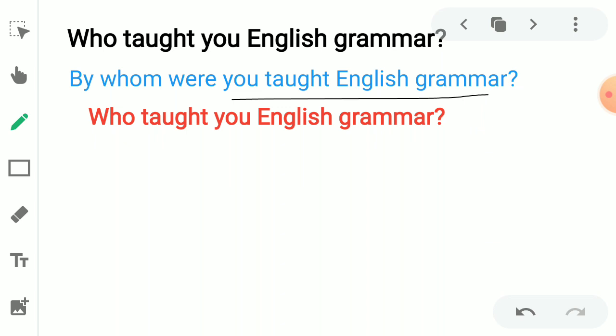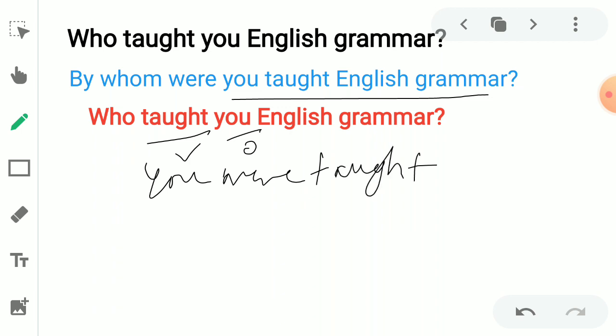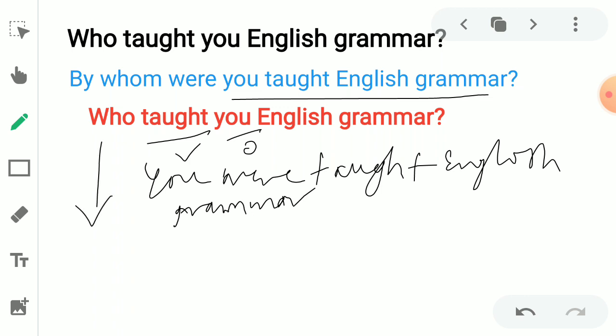Or see, you select taught as verb. Similarly, in the first method, object, you were, you were taught English grammar. The second step is about beginning with by whom. By whom, then the helping verb.